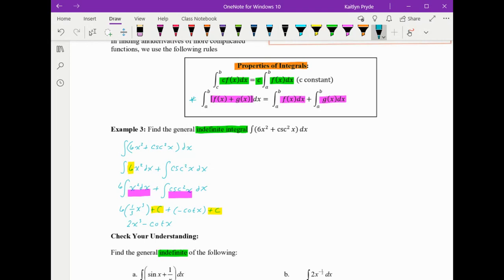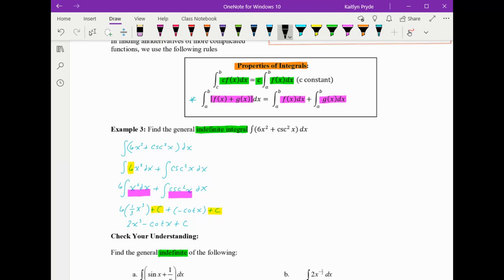If you add two constants together, what do you get in return? You just get another constant. So you don't have to write 2c or anything fancy, it's just plus c at the end. So we end up with 2x cubed minus cotangent of x plus c as the indefinite integral of 6x squared plus cosecant squared of x.